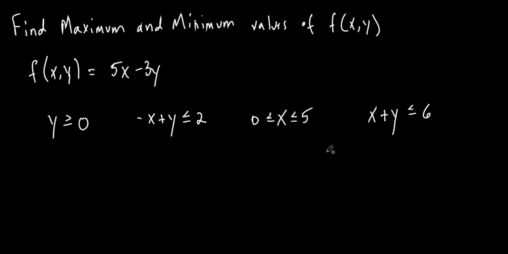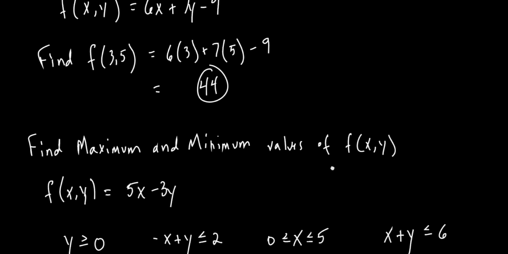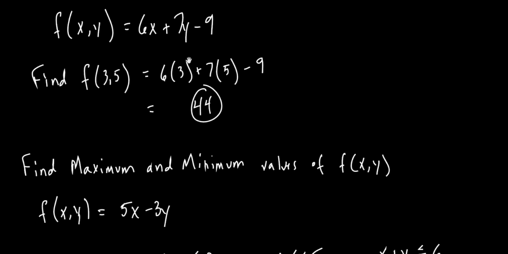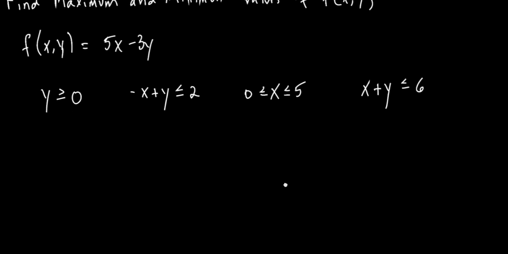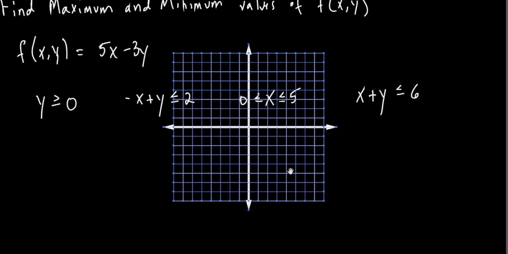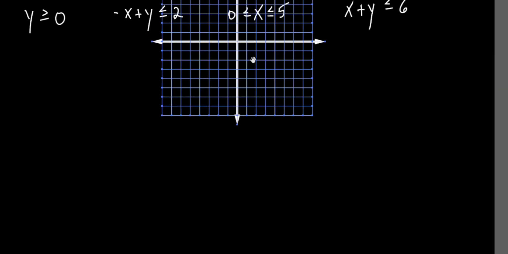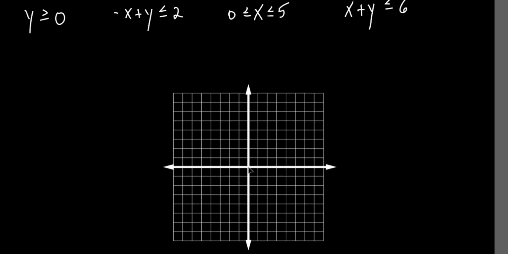We're going to look at all the vertices, and then do what we just did right here. Then we're going to plug them in and see what numbers we get. And then we're going to look for the maximum, which would be the biggest number. Then we're going to look for the minimum, which is the smallest number. Okay? So we got a lot of work to do. Everybody ready? Yes.